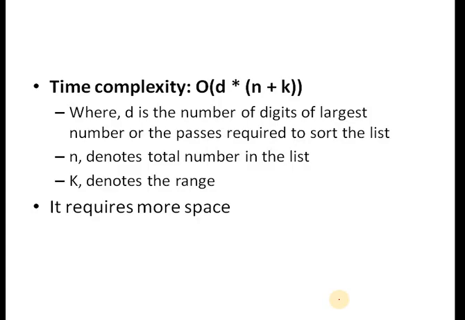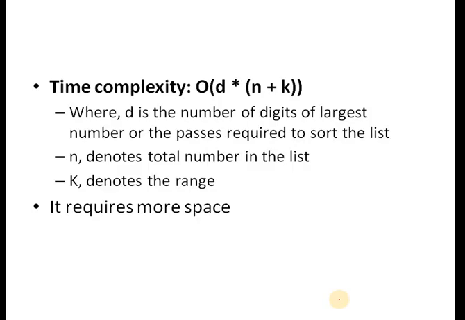So 3 into, and inside each pass of Radix sort you do 2 things. We have n elements in the list, and according to the range, since it is a decimal number, we have 10 queues. So n plus k times we have to do the operation. We have n elements, and we place them in the k different ranges, 0 to 9.